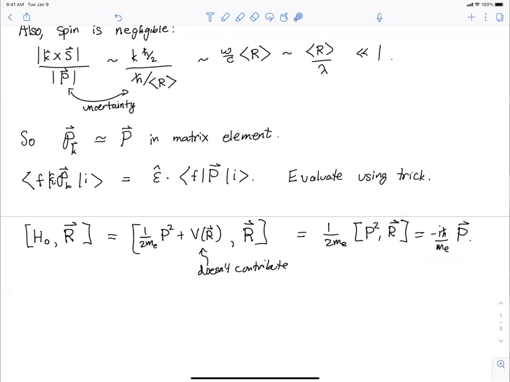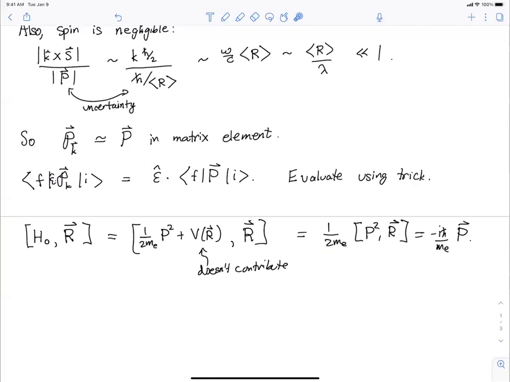Professor, yes, that 1 over 2m_e can come out. Sure, it's not an operator. It's just a number. But that doesn't mean it's being multiplied by both of those? It's being multiplied by P squared. But it's just a number. If I have 7P squared, I calculate the commutator, I can just pull out the 7.